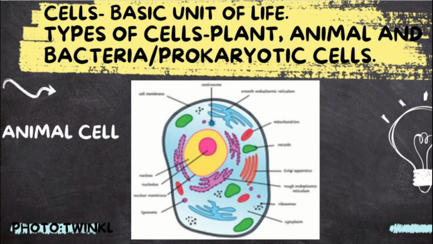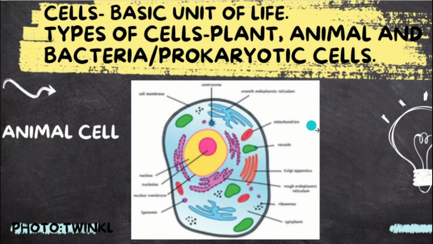Then we have our smooth endoplasmic reticulum, which is involved with steroid and lipid production. Our vacuole stores water and nutrients, and also acts as an excretory organelle, so it gets rid of stuff out of the cell.